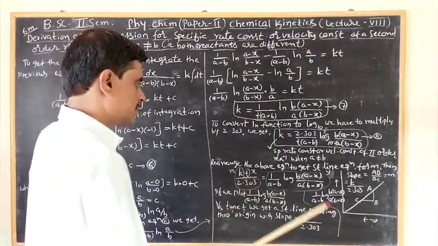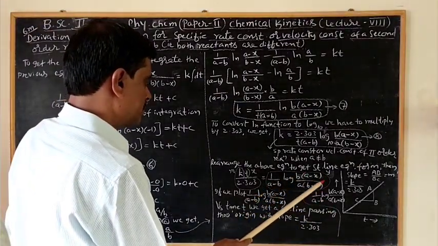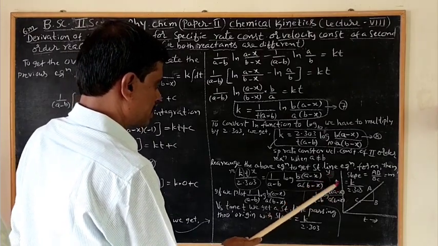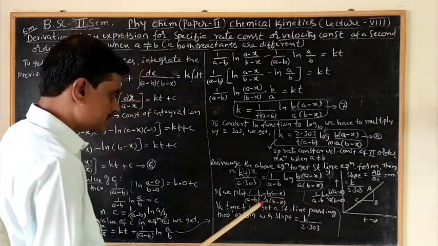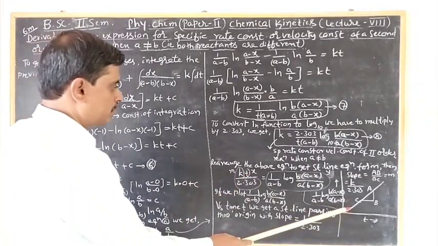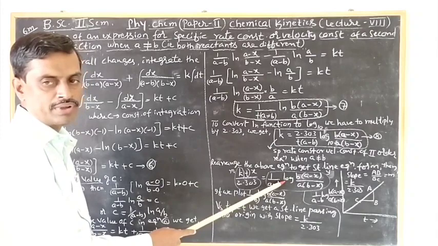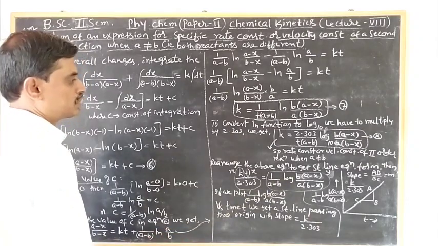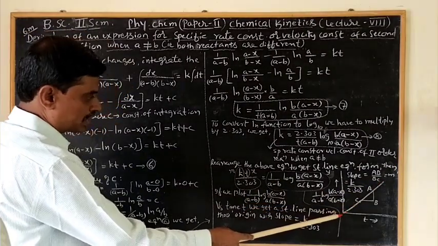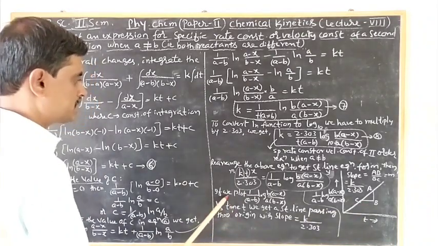So if you plot this complete expression as y, along the y axis, against time t on the x axis, we get a straight line passing through the origin, because this expression does not have any intercept c, so it is compulsorily passing through the origin according to geometry. So that is written here.